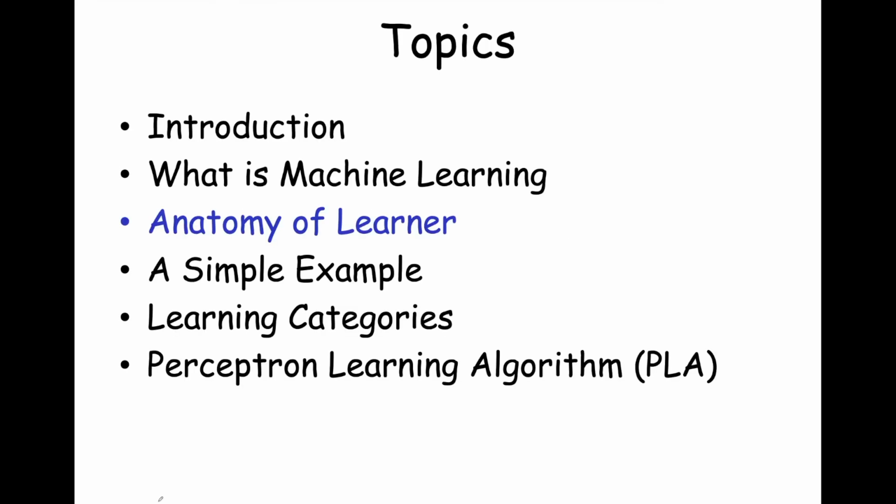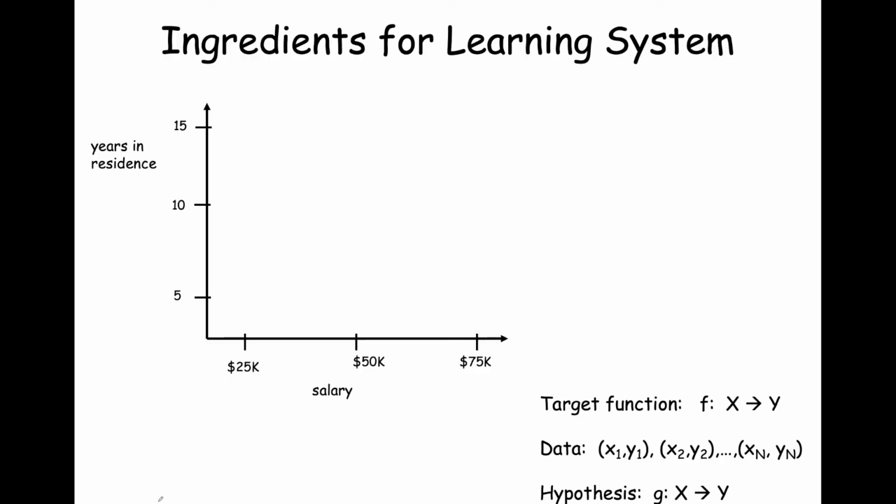Okay, so let's go through a simple example just to frame how we represent our data. And so here in our ingredients for a learning system, we have our target function. And this unknown target function, as we said, maps from the input vectors to our labels +1 for approval in the case of the credit approval problem, and -1 for denial.